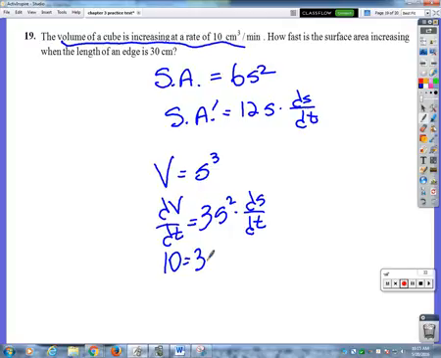What is s? Right, so that's going to be 900. So you can use that to figure out what ds dt is. So it's 10 over 2700, which is 1 over 270. And then you can plug that in for ds dt and plug in 30 for s and come up with an answer.